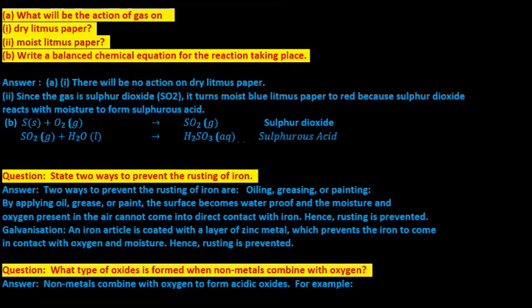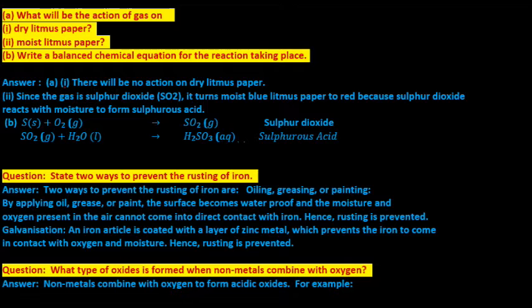Next question: state two ways to prevent rusting of iron. Answer: the two ways of preventing rusting of iron are oiling, greasing or painting, and galvanization. By applying oil, grease or paint, the surface becomes waterproof and moisture and oxygen present in the air cannot come into direct contact with iron.